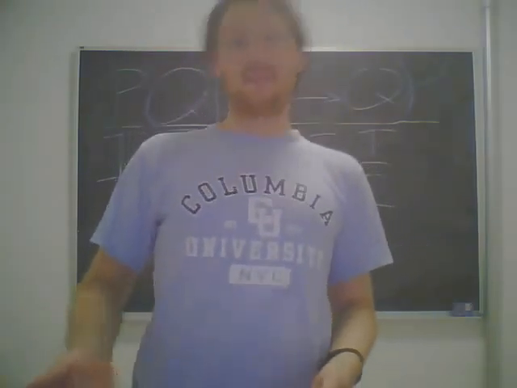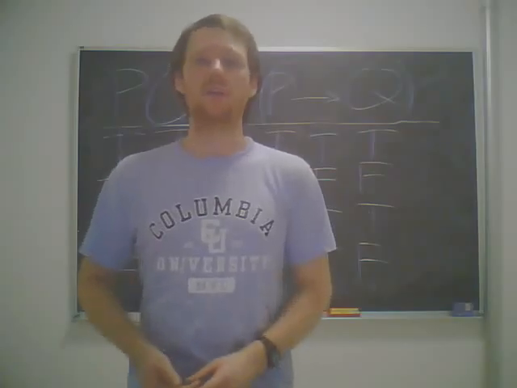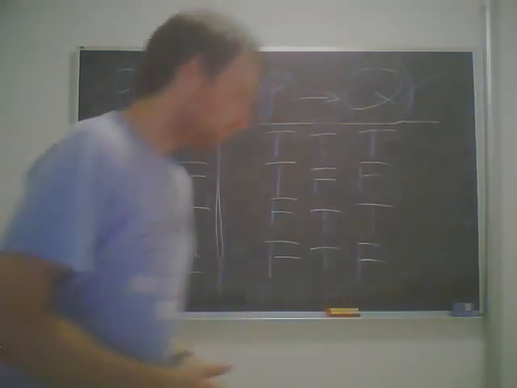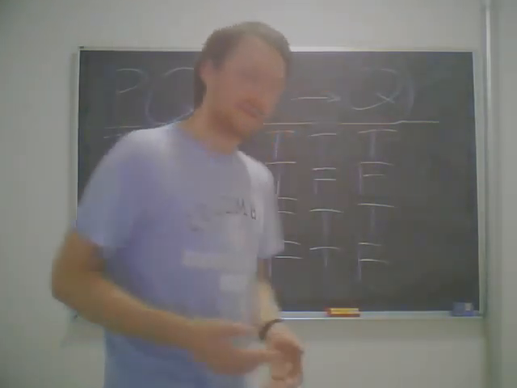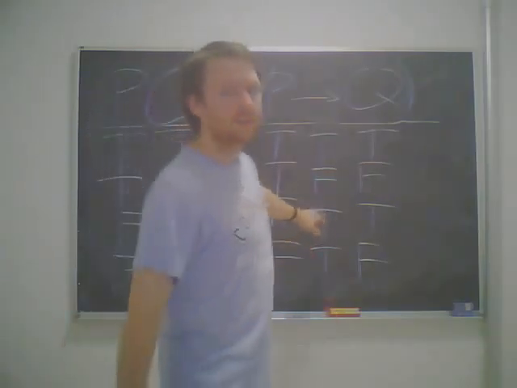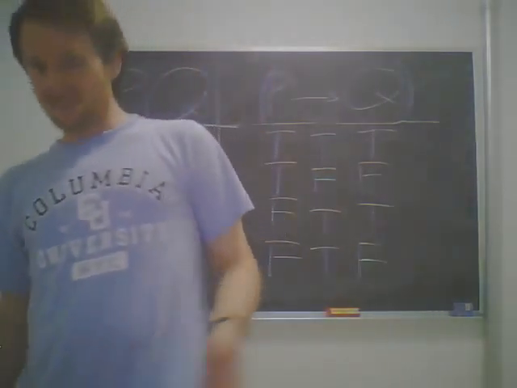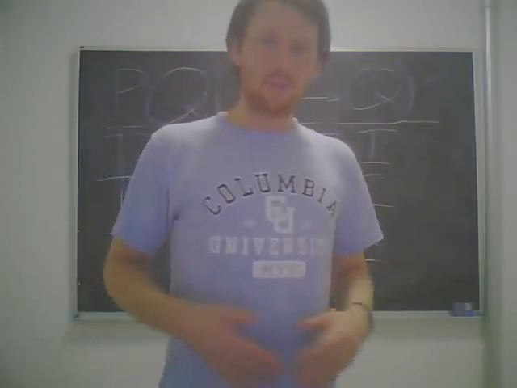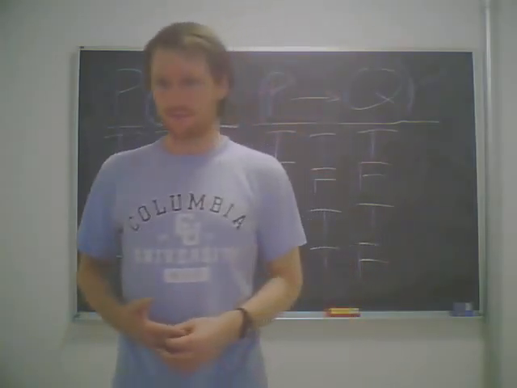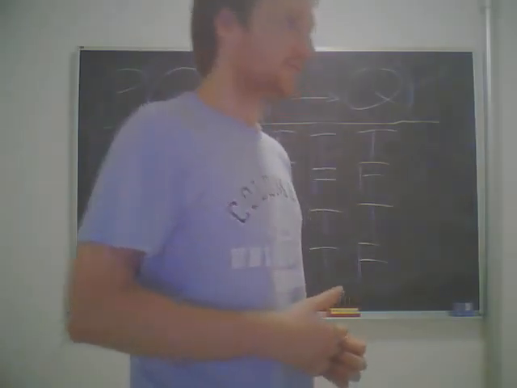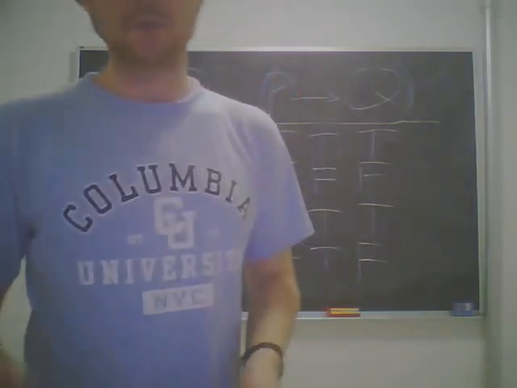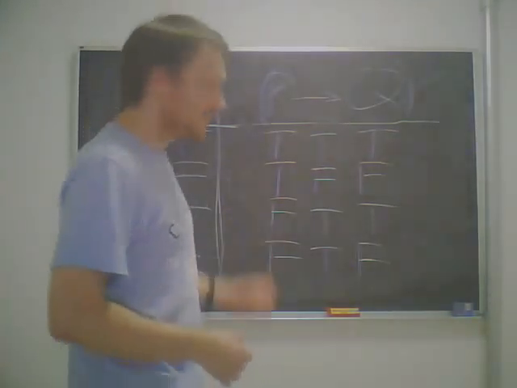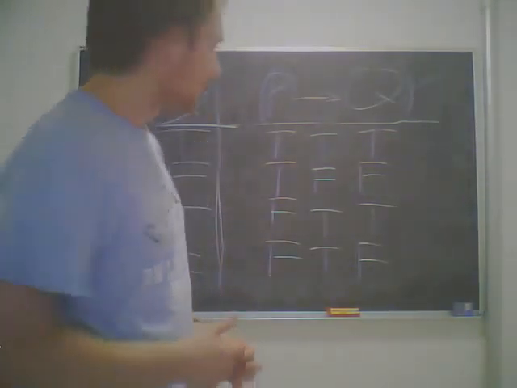I just said, if it's raining, then there's water on the ground. So it seems right that we don't give it false. But then to say that it's true, that seems a little bit awkward. I'll leave it to the viewer to look up any literature on conditionals and see what kind of arguments have been made back and forth.